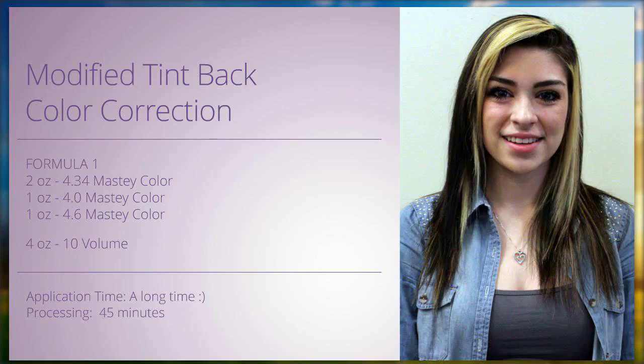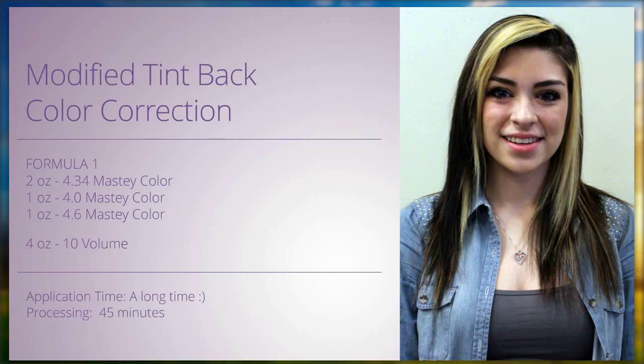So our 4.0 is going to be our blue. Our 4.6 is going to be our red. She's already got a lot of yellow in that hair, so we didn't have to put any more in. And we used a 4.34 as our target color, okay? And as you can see, when you add that up, it adds up to 4 ounces of hair color. And so we have 4 ounces of 10 volume to do the deposit.